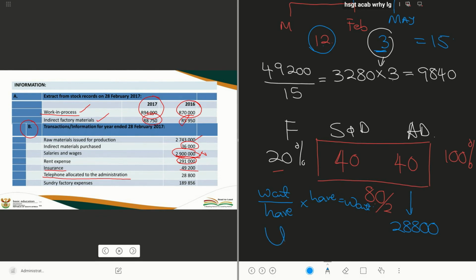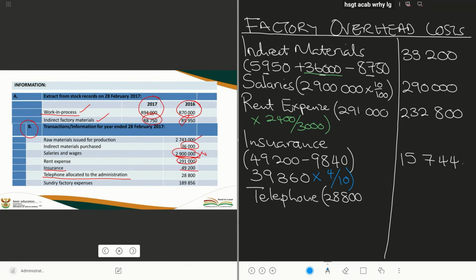Remember our up method? Our up method says what we want, we put it up. What we want over what we have times what we have will give us what we want. So let's go. Already we know this is what we want, and this is what we have. So let us go now to our question. And we're going to say, telephone, what do we want?